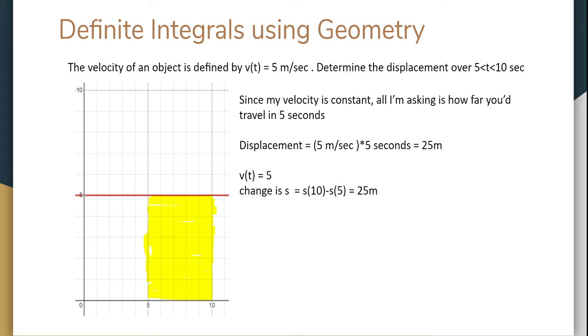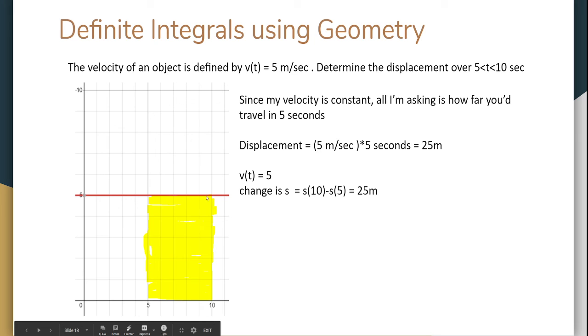But another way to think about this is taking the area under this curve. The area under this curve is just going to be my time, which is given by this, and then my velocity is given by my y-axis. So over 5 seconds, I traveled 5 meters per second.